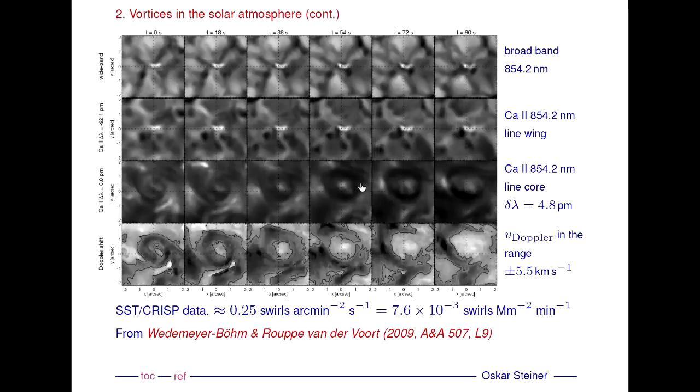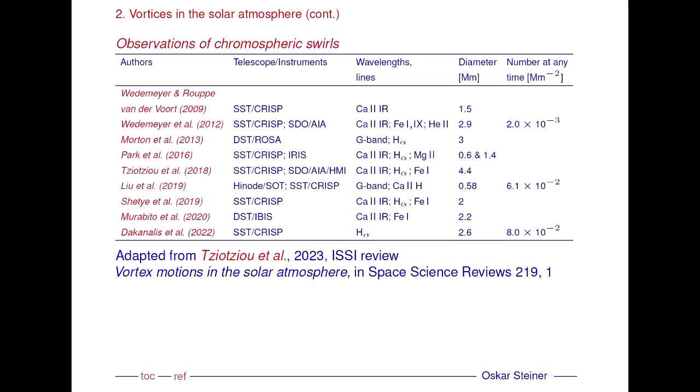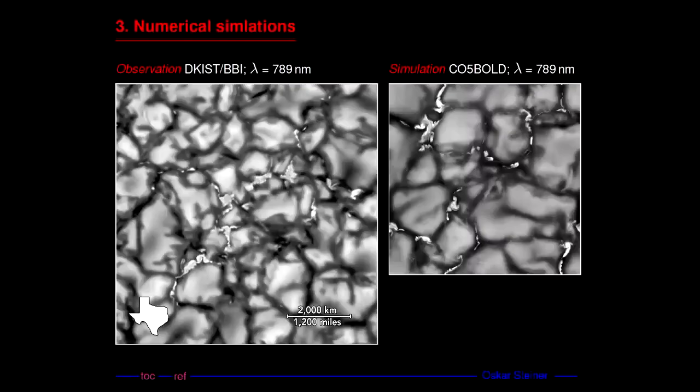So obviously, these vortex motions up in the chromosphere have to do typically with magnetic fields. And likewise, again, there are a whole bunch of papers, meanwhile, that have observed these vortex motions in the chromosphere.